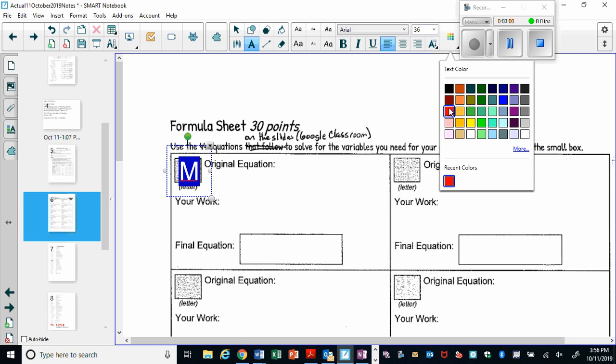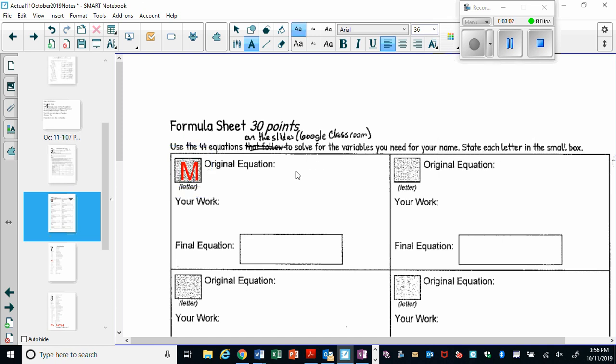And then what I need to do is find an original equation where M has not yet already been solved. So we'll use an example, y equals mx plus b.